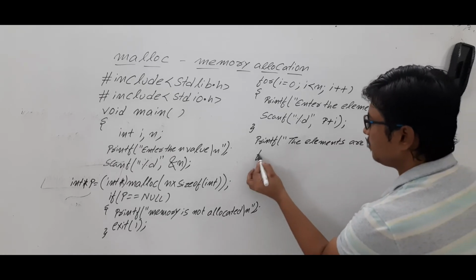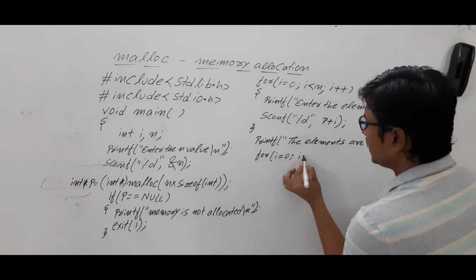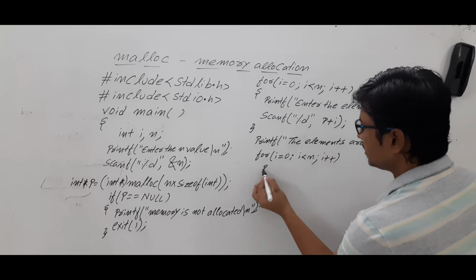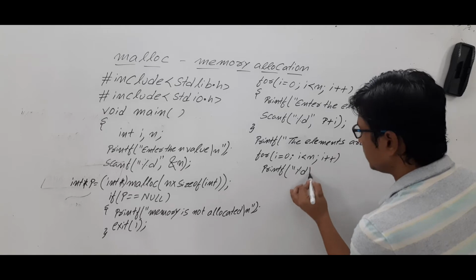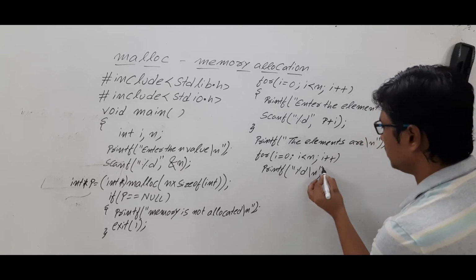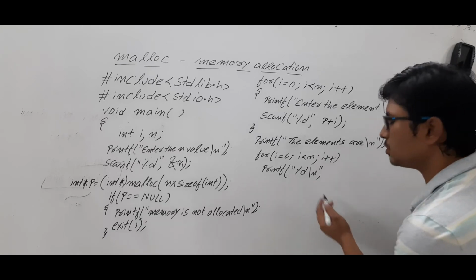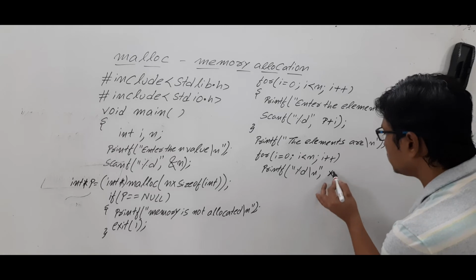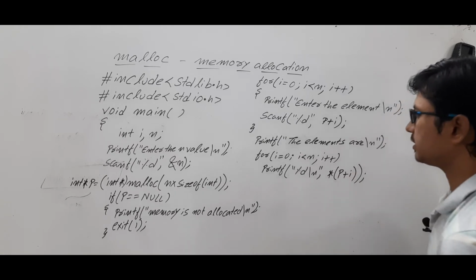For i is equal to 0, i less than n, i plus plus, printf percentage d \n. After printing one value, you want to go to the new line, so that's why I'm using \n, which is an escape character. Then you want to get the value, that's why you are writing this one.